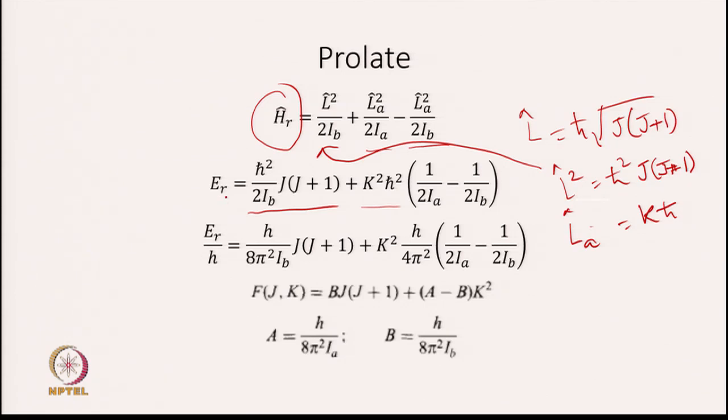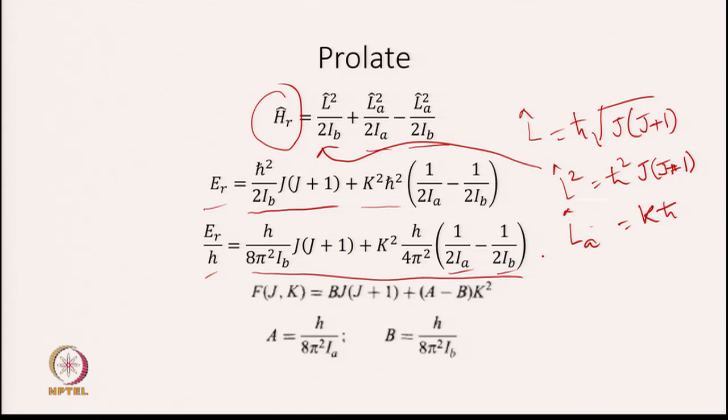When we divide energy by h, we will get frequency, and this is the equation for frequency for a prolate rotor: h by 8 pi square IB J into J plus 1 plus K square h divided by 4 pi square multiplied by 1 divided by 2IA minus 1 divided by 2IB.